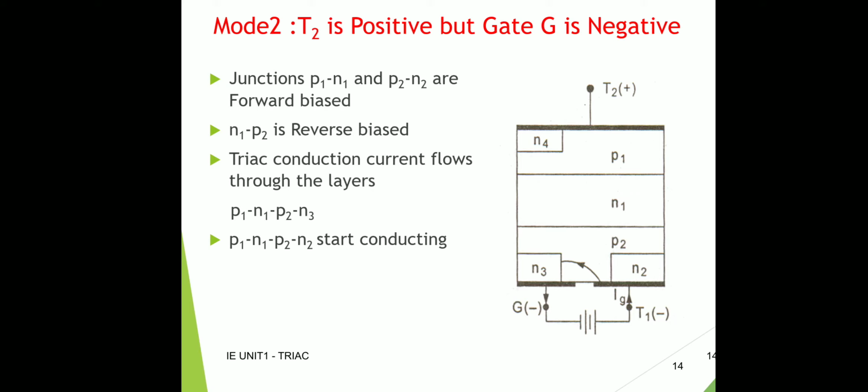So this junction breaks, and it starts conducting through P1 N1 P2 N2.